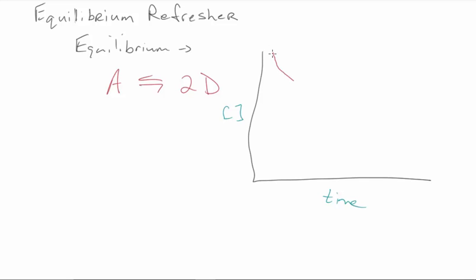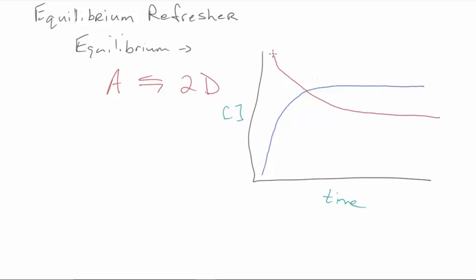Well, it would actually decrease over time, right? And notice it levels out there at some point. So A is going to decrease because at the beginning of the reaction, right, we've got all A there. It's actually going to start disappearing, so we would expect the concentration to decrease. Nothing too crazy there.